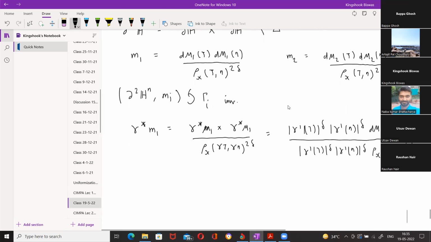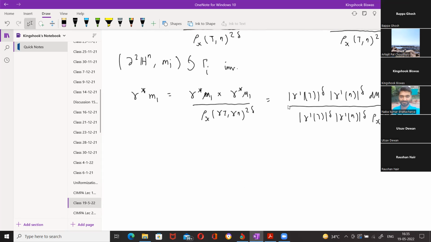All right. And so these will cancel. Okay. And so this will be equal to M1. Is this clear? Yes, sir. All right. So these are invariant measures.